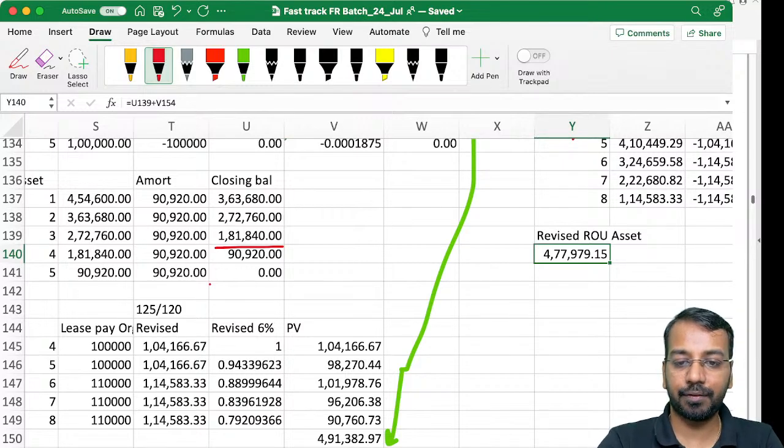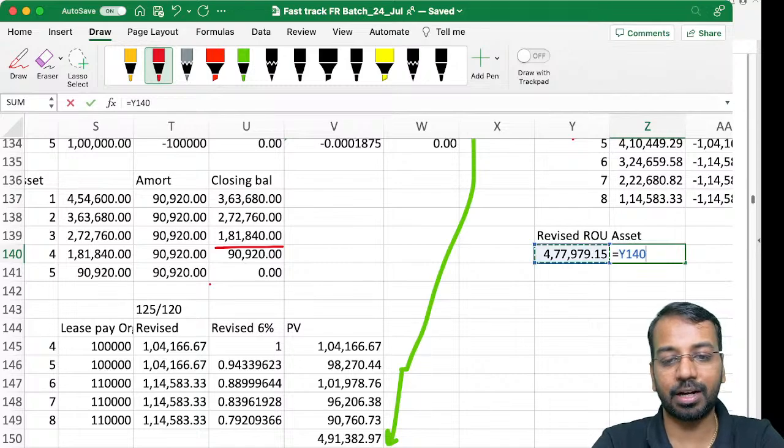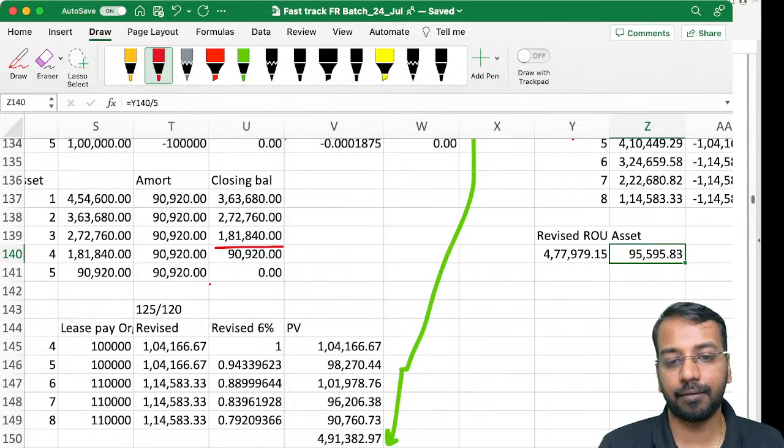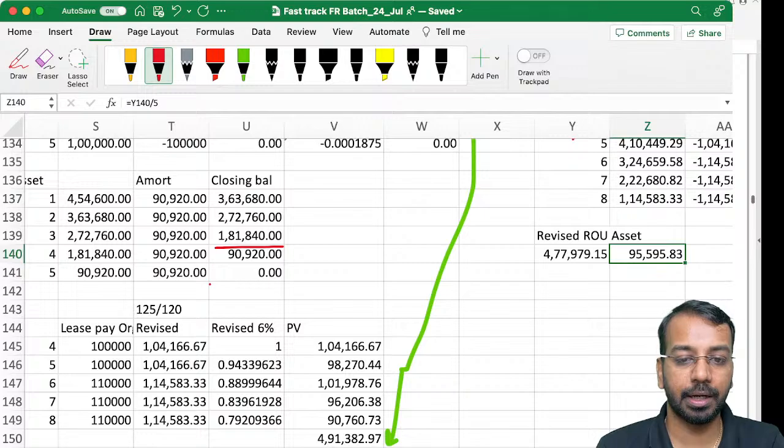So 4th year, 5th year, 6th year, 7th year, 8th year. 5 years of depreciation, so this divided by 5. Every year amortization now will be 95,595. Clear?